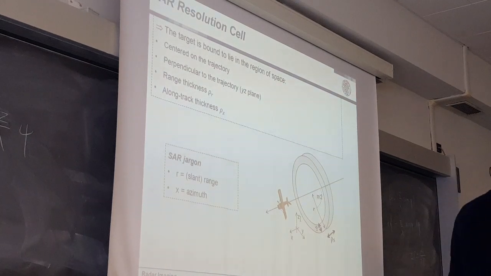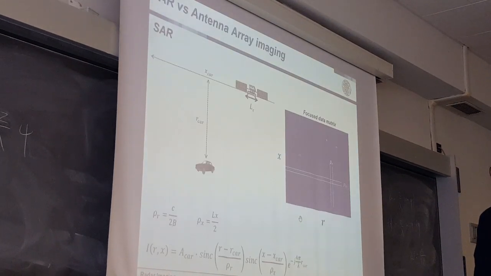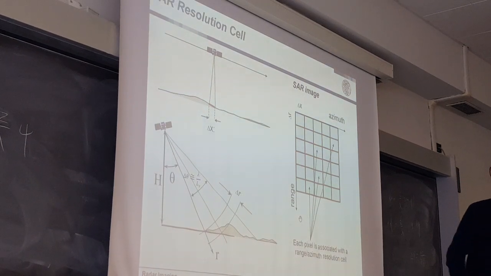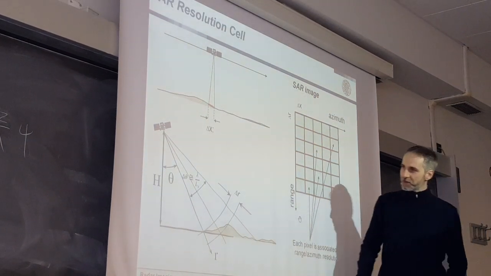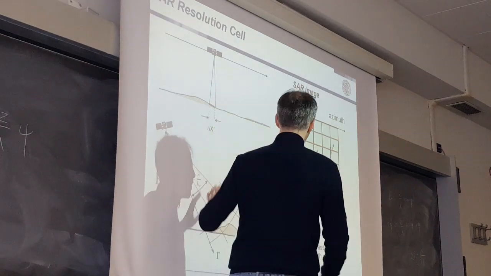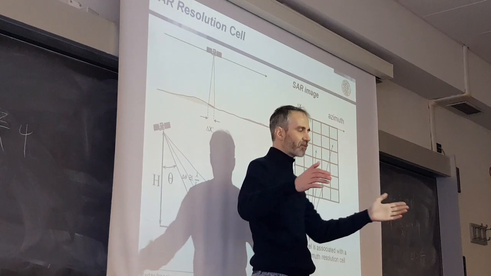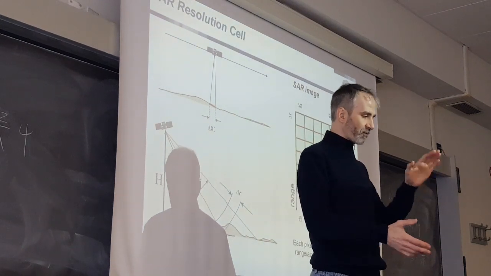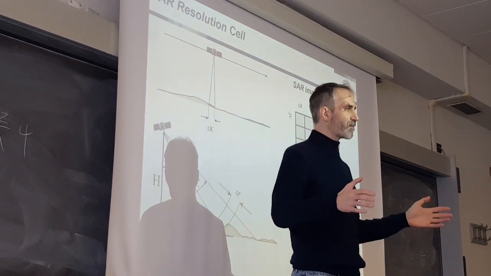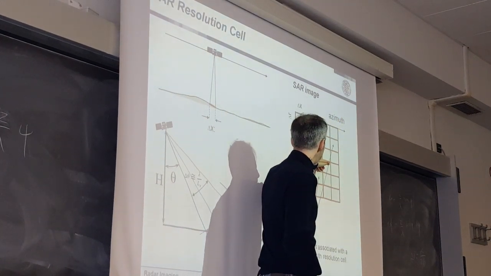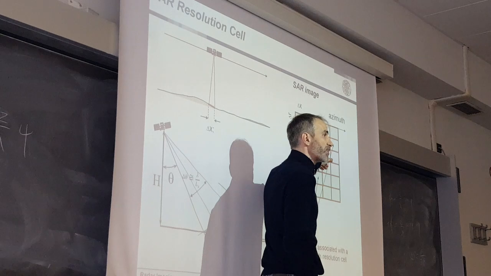Yes, but this is the trick. Let's say all the targets in a certain pixel here. You form an image, and so you have many pixels. Take this one pixel.